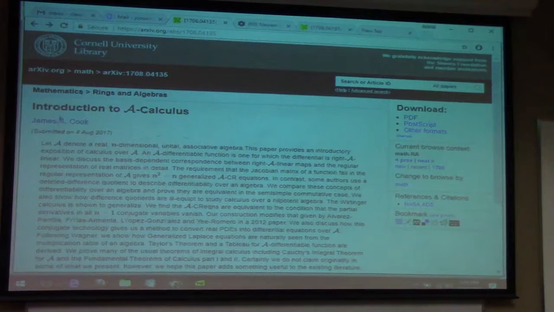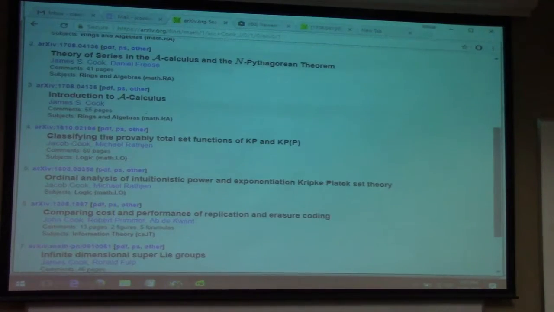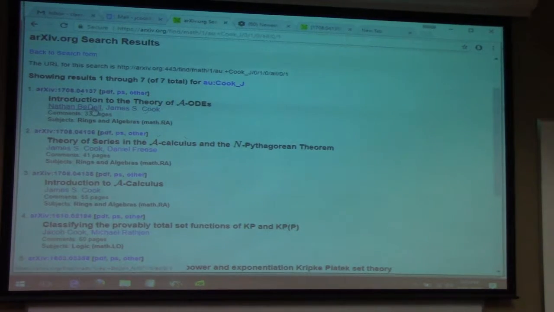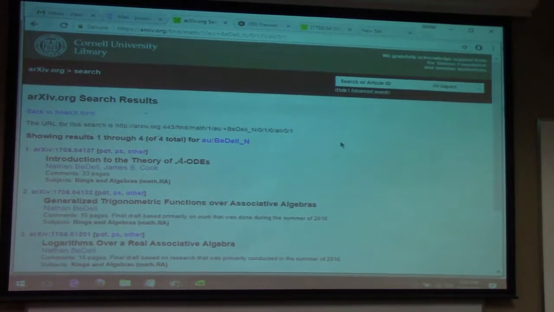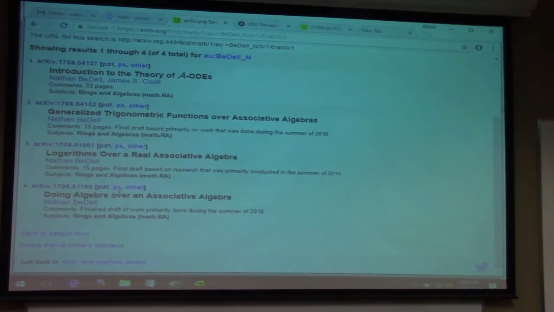I don't know if there's a good reason for it. Now Nathan had a big, like, 45-page paper that he had the good sense to split into 3. So we've got to figure out which one it is. I think it might be doing algebra.